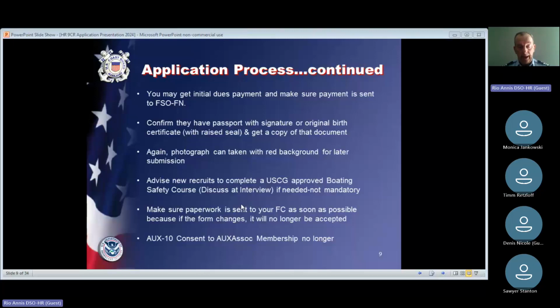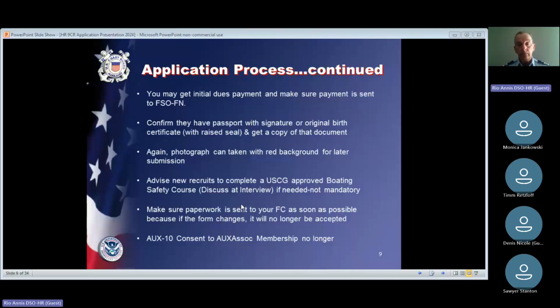I recently had a new member that had all sorts of difficulty getting me his birth certificate. He had to go apply for a new one because he didn't have it on hand. So we went from an application that was signed in September of 2023 until I got the birth certificate in March of this year.